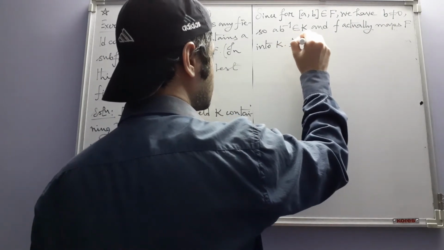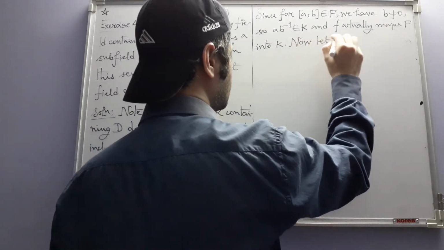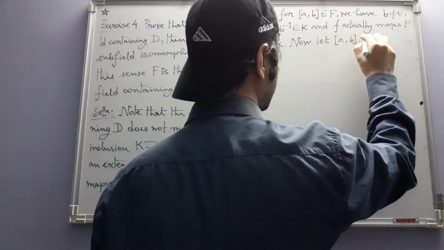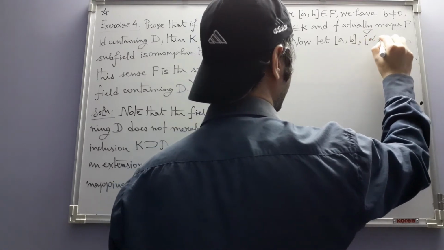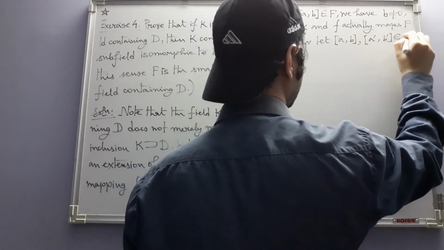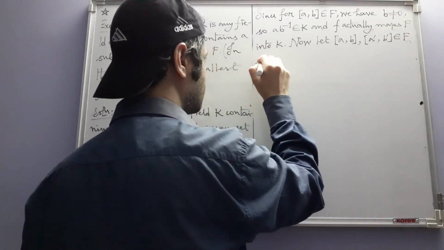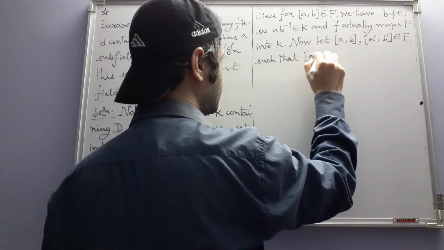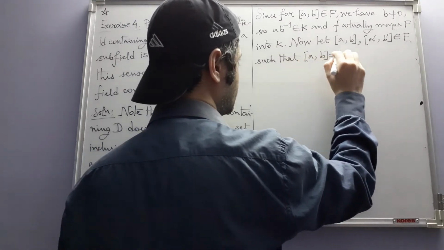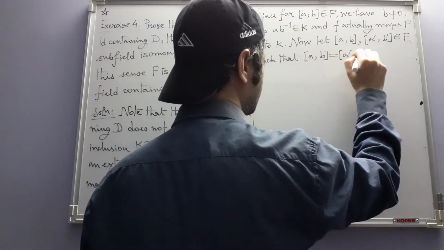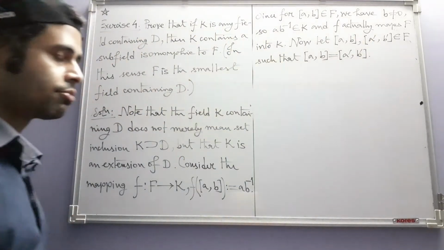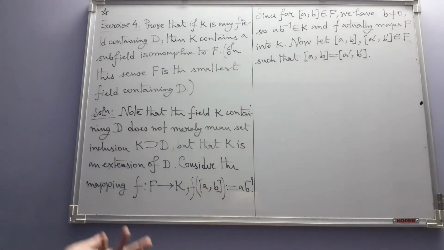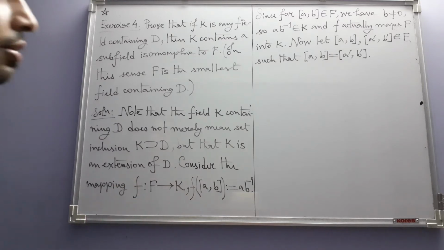Now consider two elements (a, b) and (a', b') belonging to F, such that they are equal. From this we will have to prove that their f images are also equal. That will tell us that f is well defined.